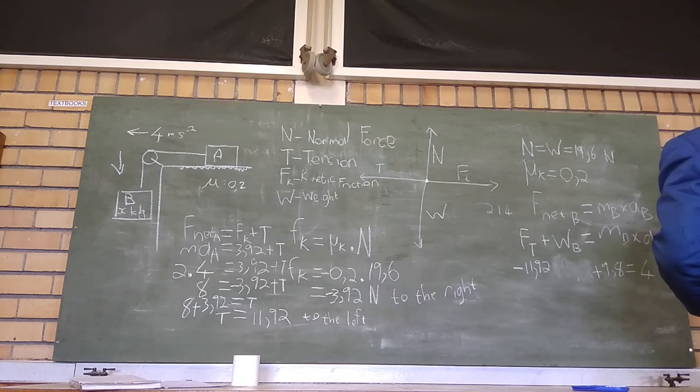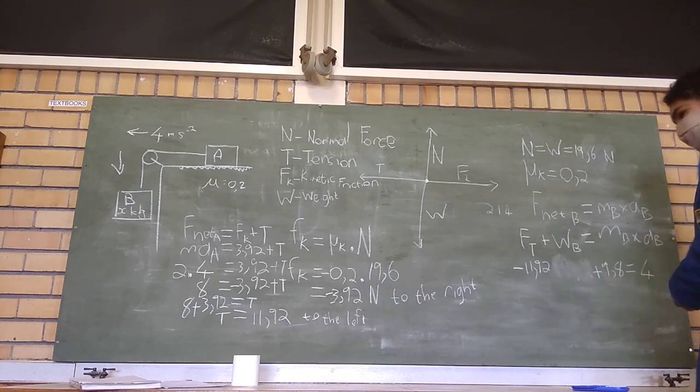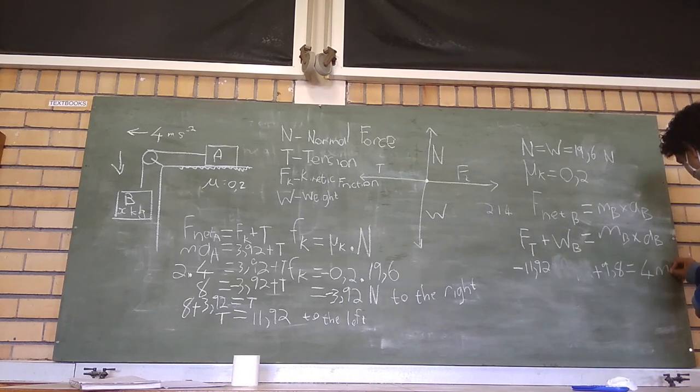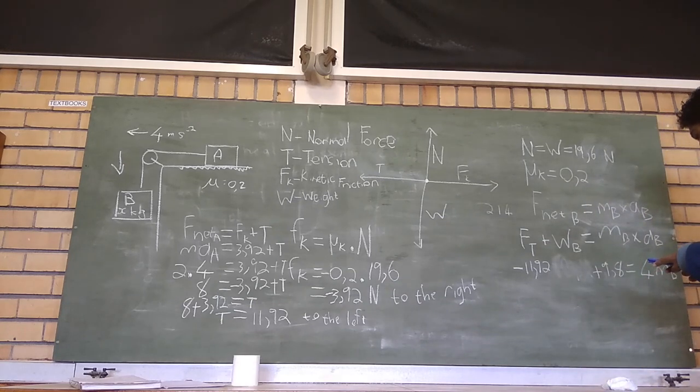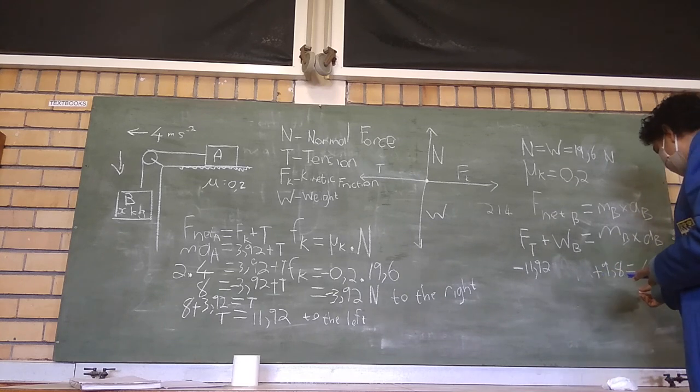So, thank you. And what is the weight of B? It's the mass of B times 9.8, right? So that's got to go on the left, in that space where you wrote it out.